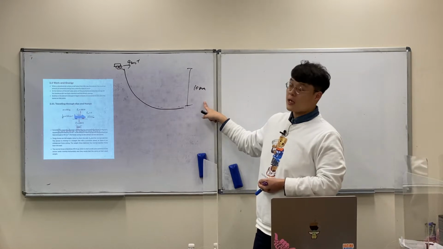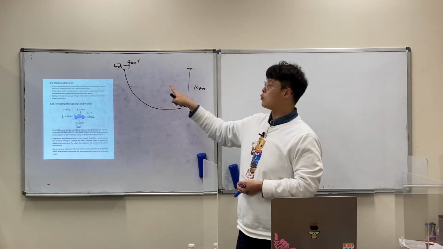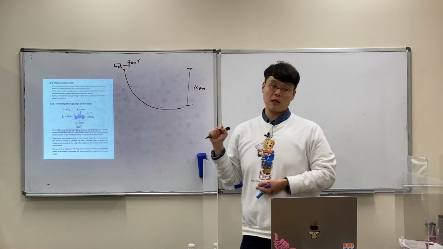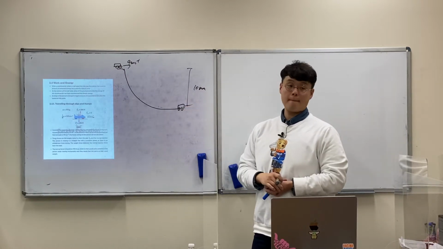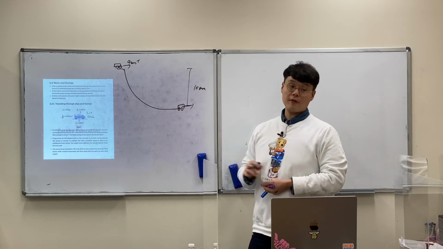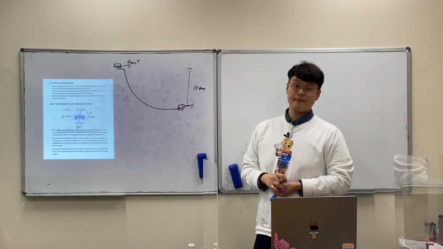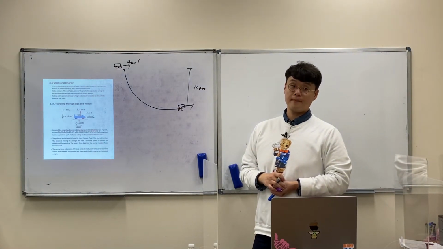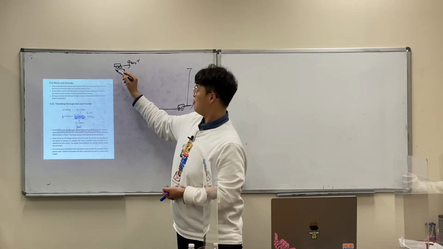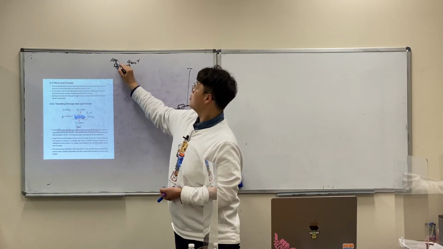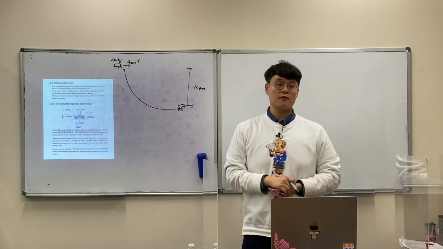So if that's 10 meters, and if the roller coaster is moving at 4 meters per second initially, what would be its final speed over here? How do you find that? Assuming that the mass of that is, I give it 100 kg for the roller coaster.